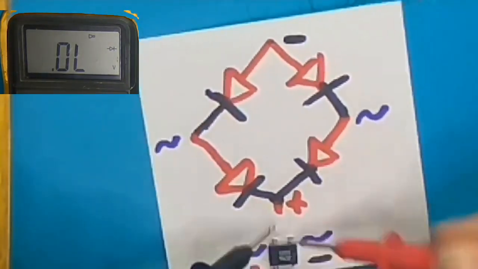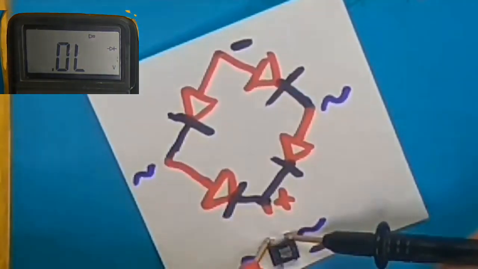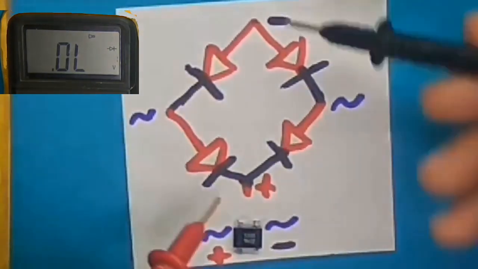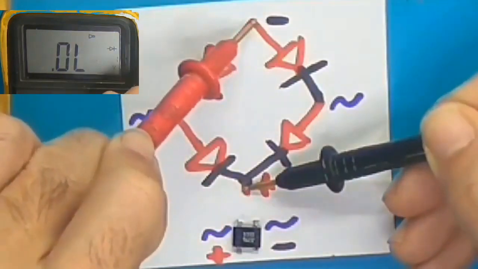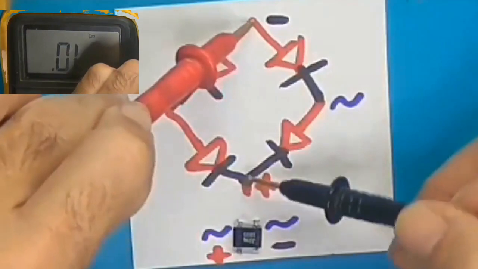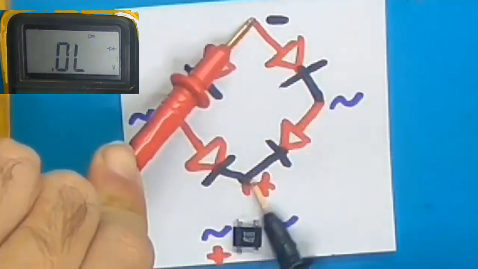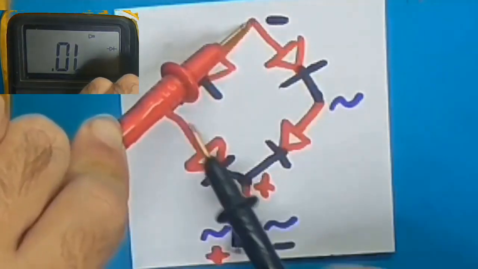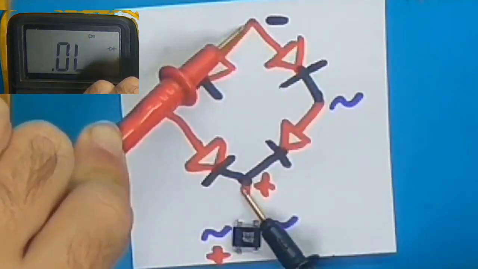Bridges too many times pass the current, and that's usually where it branches off. Another final measurement we can take is between the plus and the minus, over here. If we measure it correctly, you see, with the black on the minus and the red on the plus, we count two diode passages in a row, and from the other side two passages, so all together in parallel: two in a row, two and two, and then parallel.